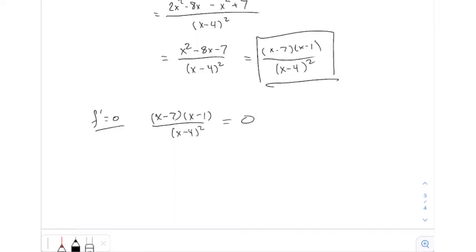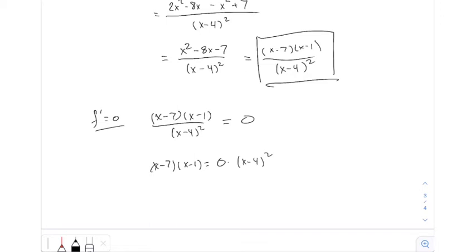How would you solve this equaling 0? Well, when I have a fraction on the left side, I would cross multiply the denominator of the fraction. So this denominator here multiplies over to the right side, and it will just say x minus 7, x minus 1 equals 0 times x minus 4 squared.